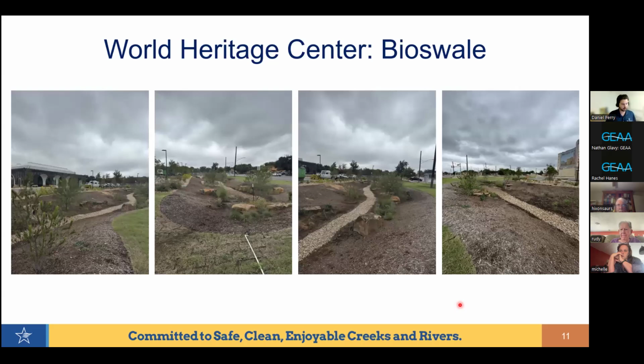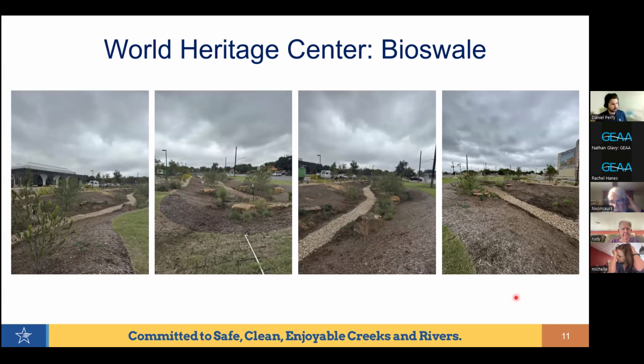So some examples of these green infrastructure, one of them is this World Heritage Center bioswale. Just to get into what a bioswale is, it's basically a shallow ditch where when it rains, water flows into it and the plants and the soil can slow down that water and soak it into the ground.